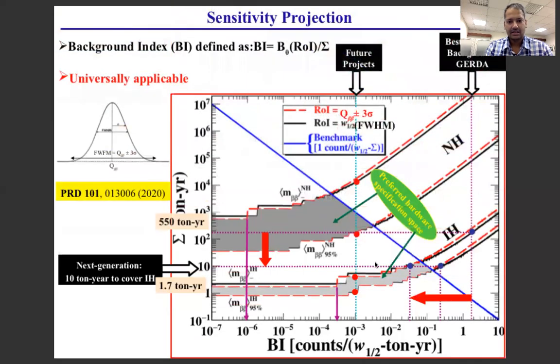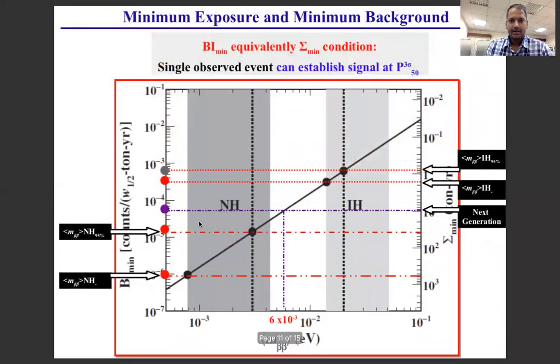In the absence of any background at the 3 sigma discovery level, the experiments need at least 1.7 ton-year of exposure to cover the inverted hierarchy, and 550 ton-year of exposure to cover the normal hierarchy.